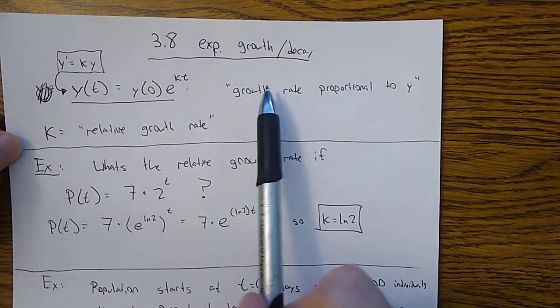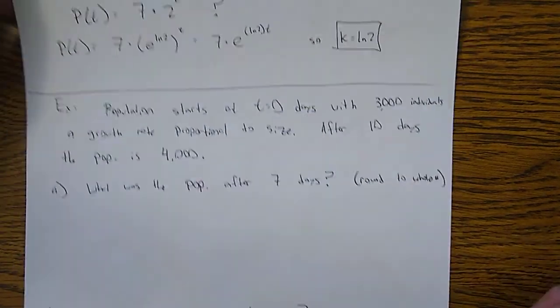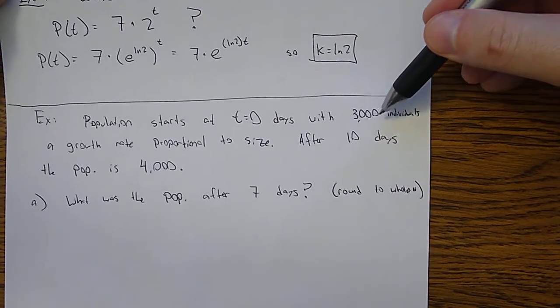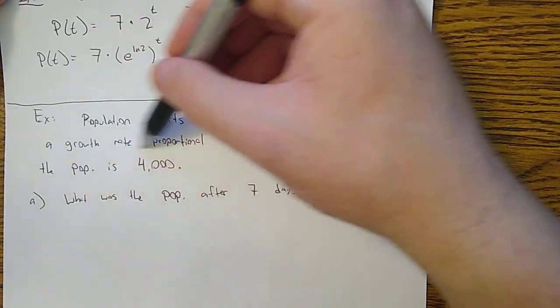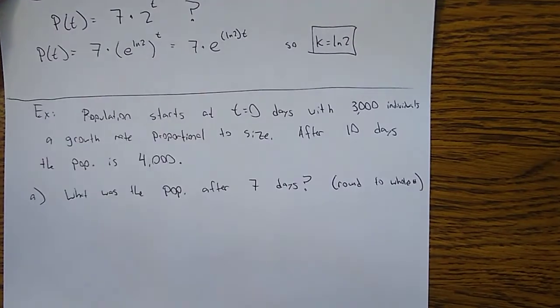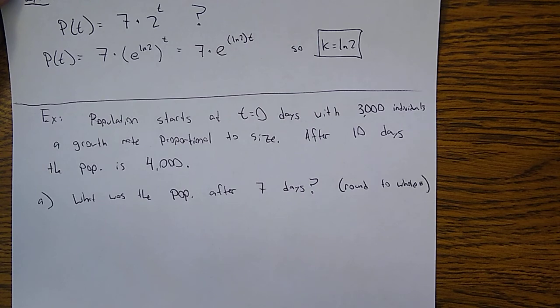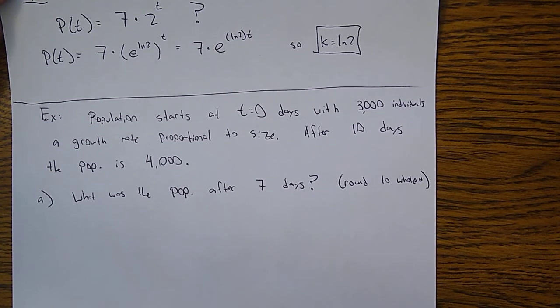That's giving us a hint that this is exponential growth. So we start at 3,000 individuals. We have this, which means exponential growth. And then after 10 days, we have 4,000 individuals. So the question is, what is the population after 7 days?